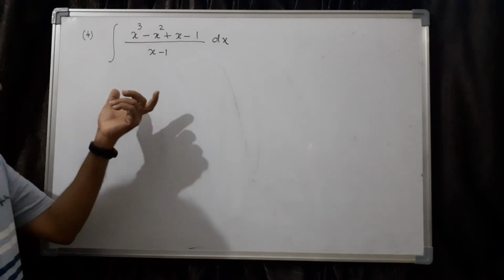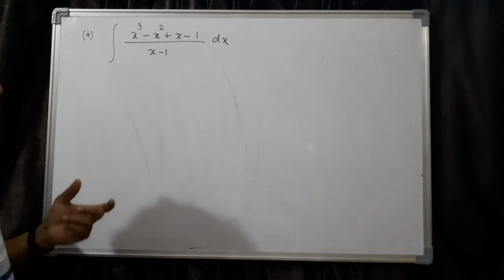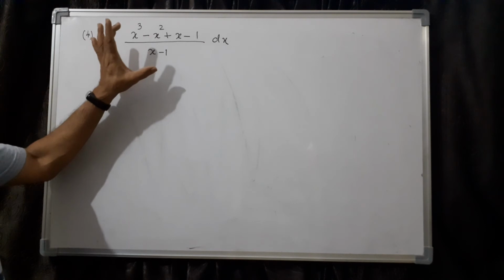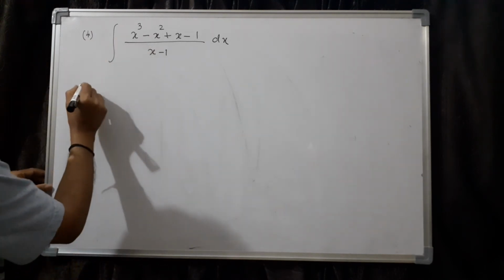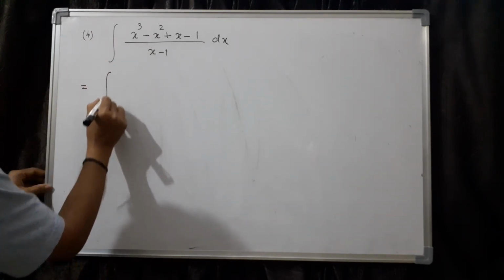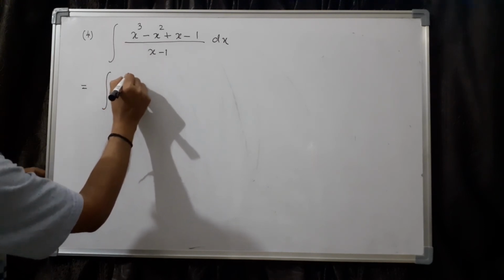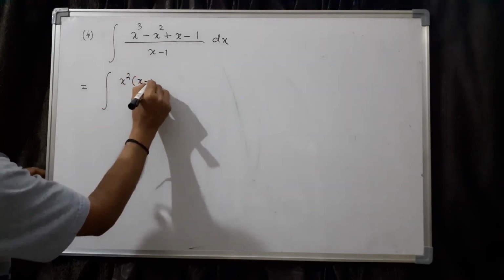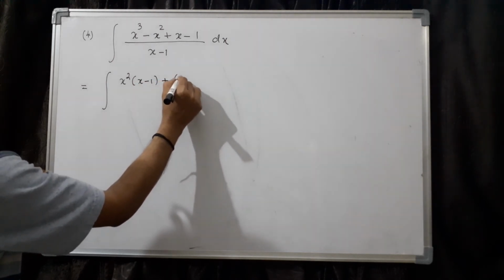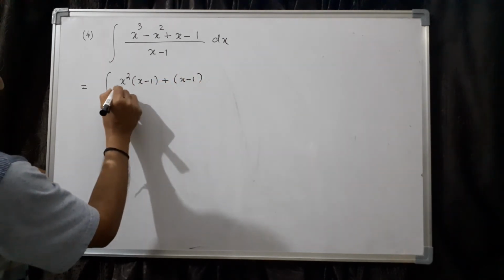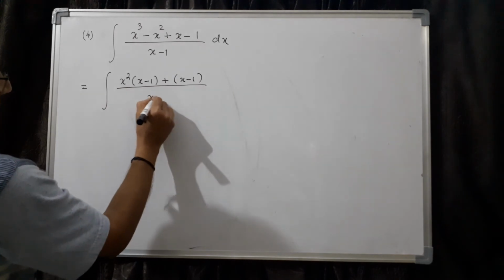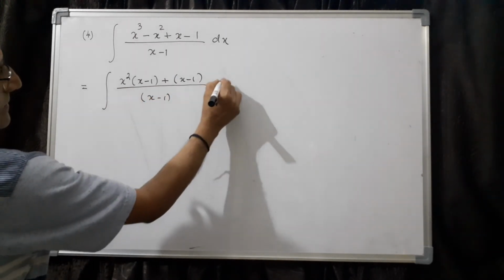So this seems to be a complicated expression actually, but if you look closely, this can be simplified. See, this we can write integration now. Suppose you take x square common here, it is x square into (x minus 1) plus, I will put a bracket here, (x minus 1) divided by (x minus 1), then dx.